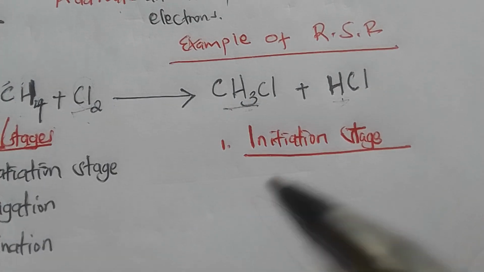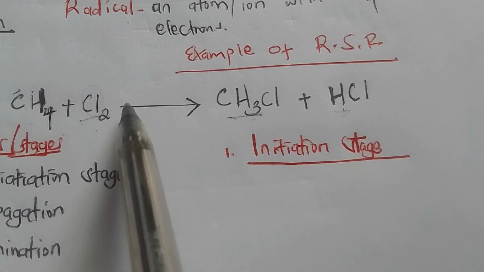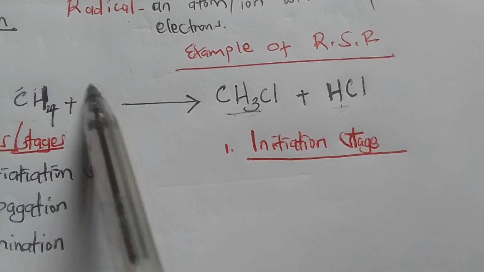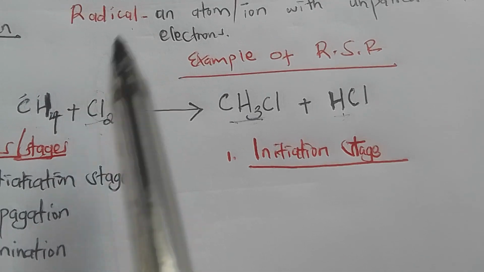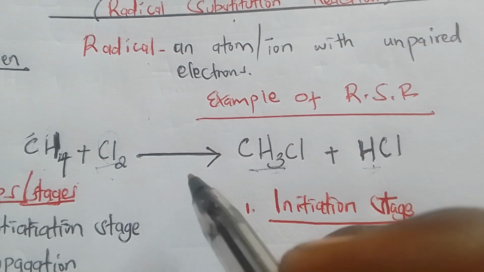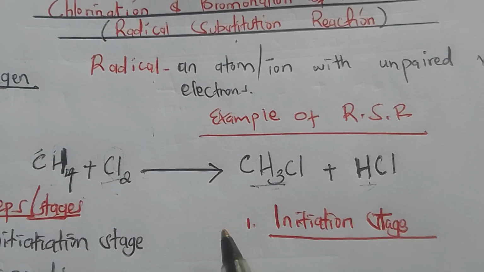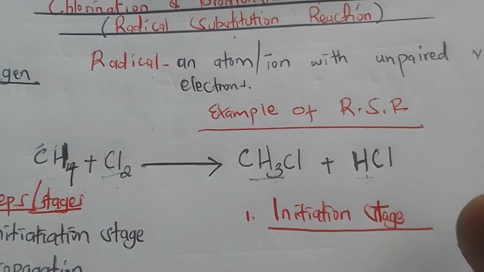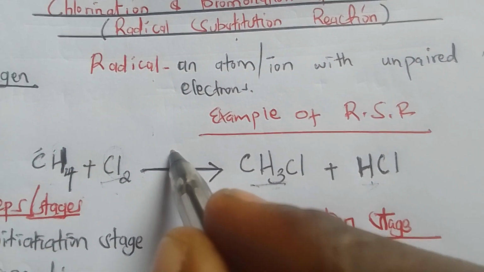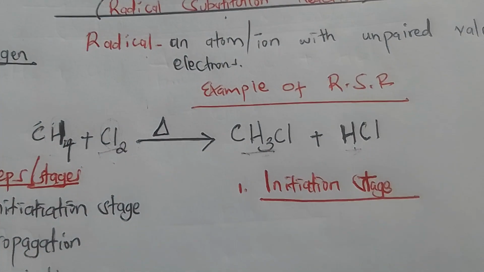So what happens at the initiation stage? Just to go back a bit, we know that this type of reaction is a halogenation, and it's a type of substitution reaction, and therefore we require some element of heat.